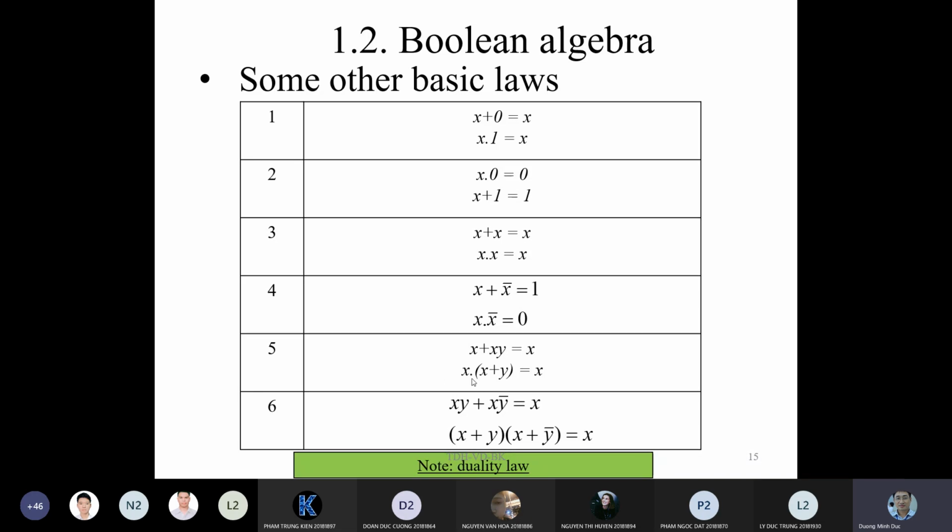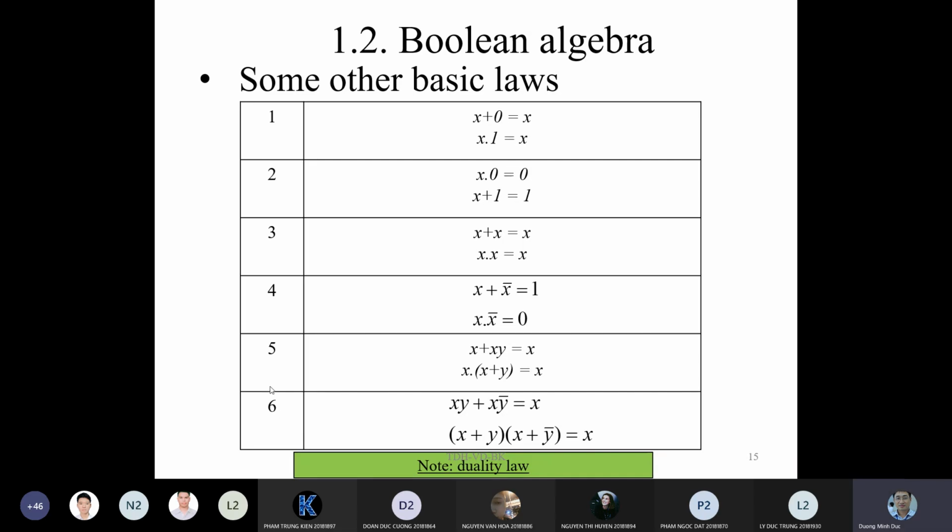This one is a little bit more difficult, but we can use the property of distributivity to prove this.